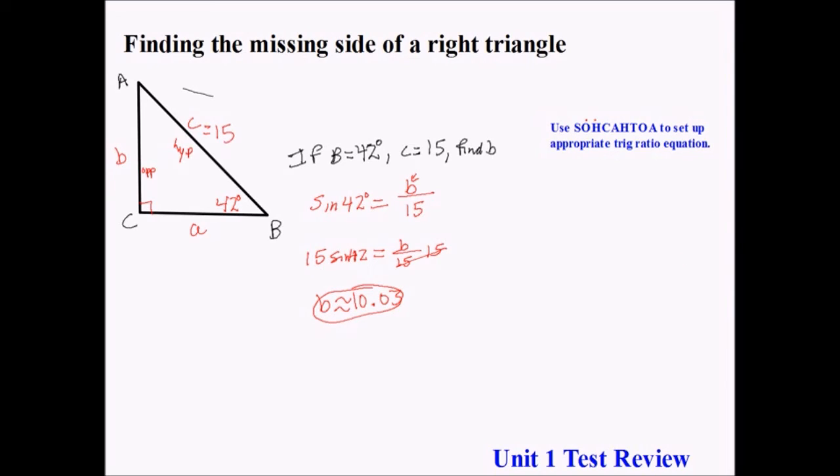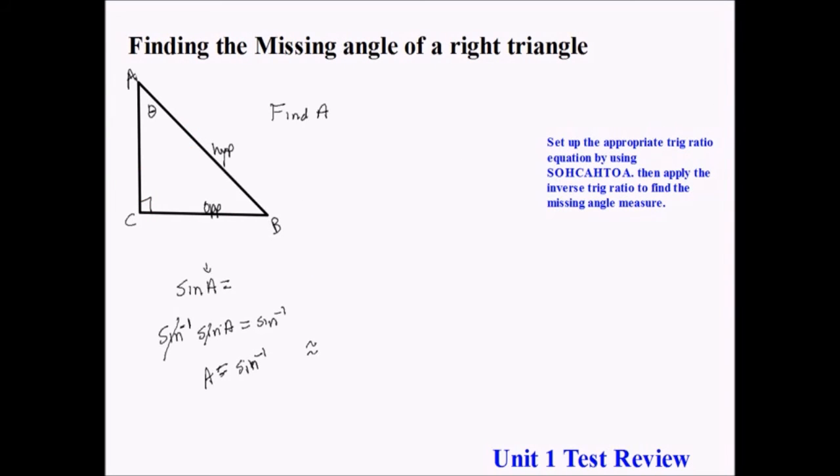Okay, next card. So we're trying to find the missing angle of a right triangle. So let's make this 13. Let's make this 7. We want to find capital A. So if we have the opposite and we have the hypotenuse, we have sine of A. So it would be 7 over 13, the opposite divided by your hypotenuse.